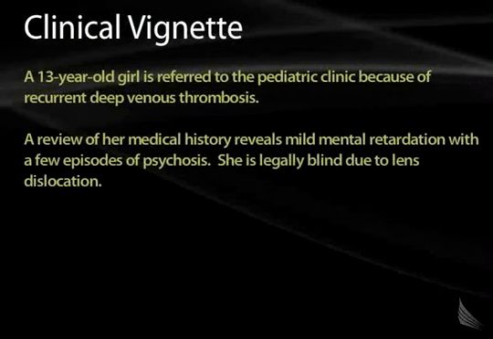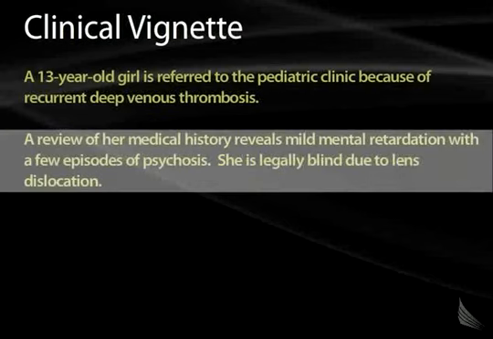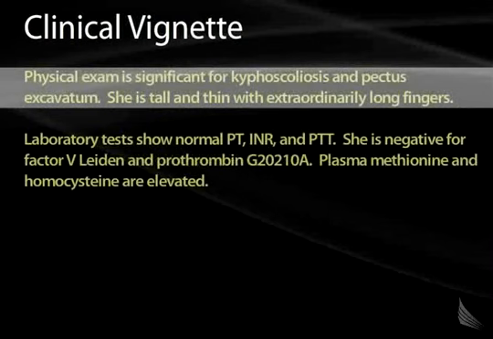There's a defect in this pathway, which is illustrated by the following clinical vignette. A 13-year-old girl is referred to the pediatric clinic because of recurrent deep venous thrombosis. This is an unusual finding in someone this young. A review of her medical history reveals mild mental retardation with a few episodes of psychosis. She's legally blind due to dislocation of the lens of her eye.